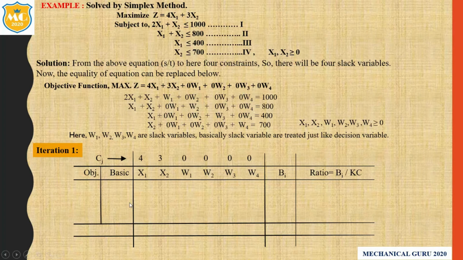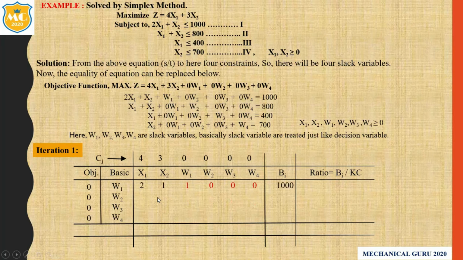Now first we write down the basic variables w1, w2, w3 and w4 and the basic variable cost, that is 0. Now this equation we have to write in the simplex tabular form. For the first equation we write all the technological coefficients, that is 2, 1, 1, 0, 0, 0 and last bi 1000.